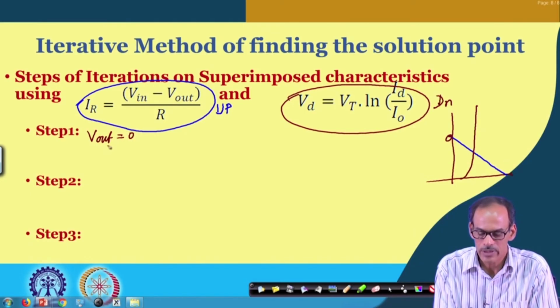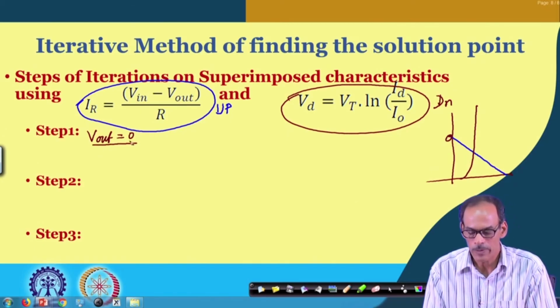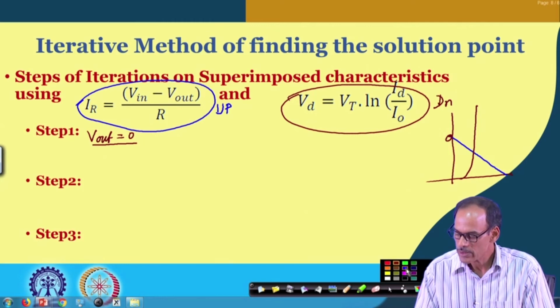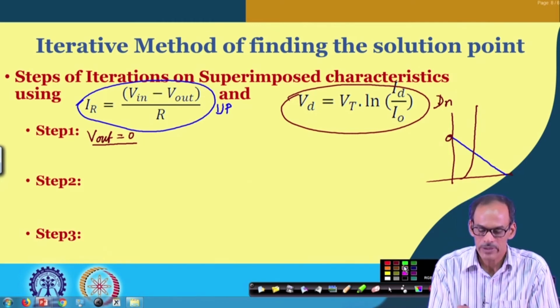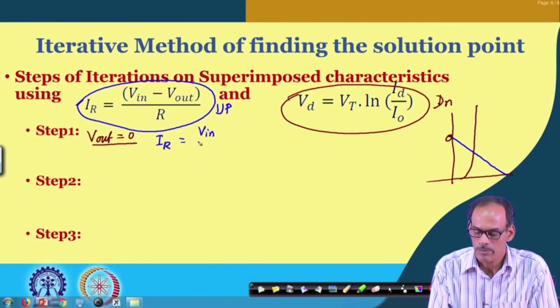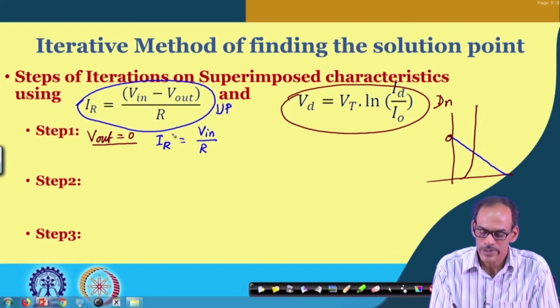So, if I assume V out equals 0, then by using this pull up characteristic, I r equals V in by r, and you can say this is the end of the first iteration.